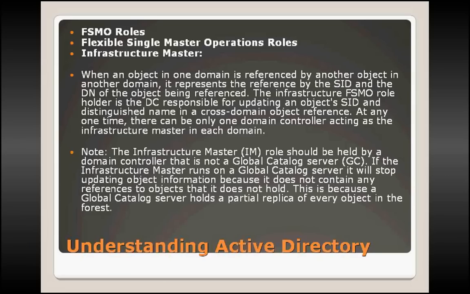Whenever you are talking about it, it is represented either by a DN, distinguished name, or by a SID. So the infrastructure master role is going to update the object SID and the distinguished name across the domain. Okay?